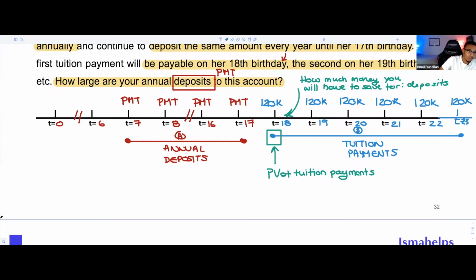So to do part B, we're actually going to begin with part B. To do part B, there are 3 ways to do this. 1, by simple discounting each year. 2, with your financial calculator. And then 3, with the flowchart.